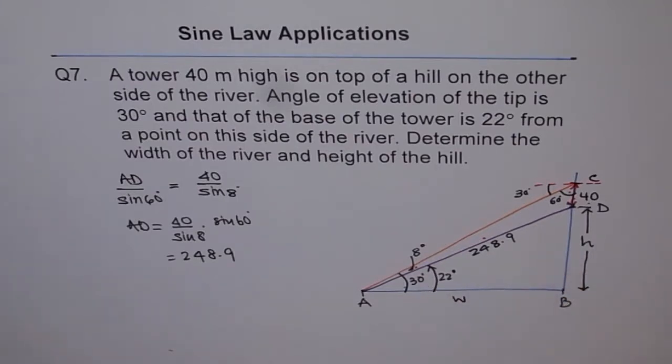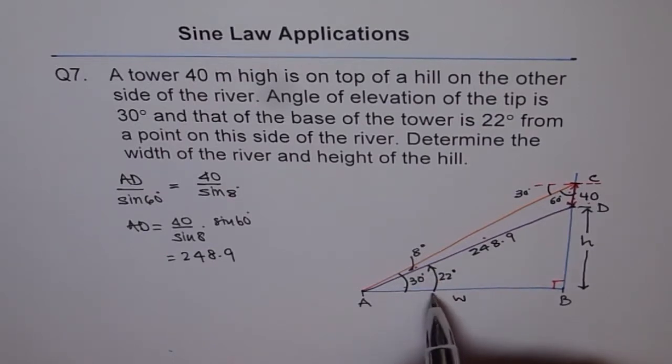That is a right triangle for us. This is the right triangle for us. So I'll leave that for you to do, right? You can always solve this. The angle of this right triangle is 22 degrees, right?